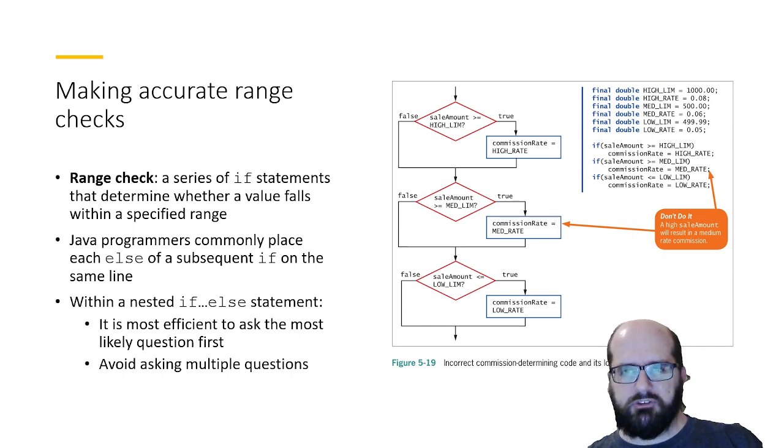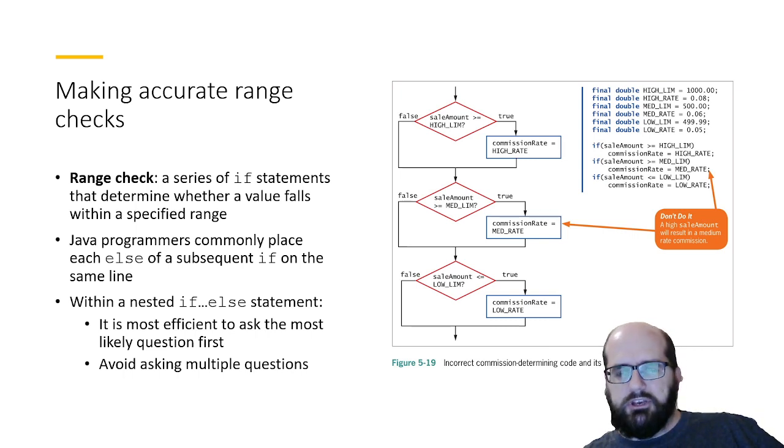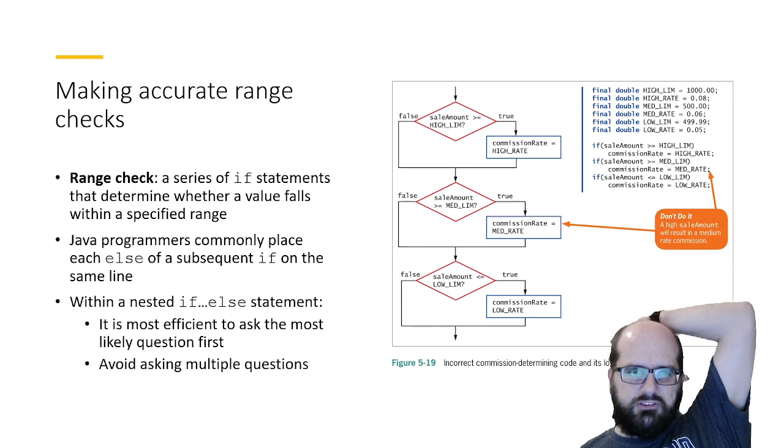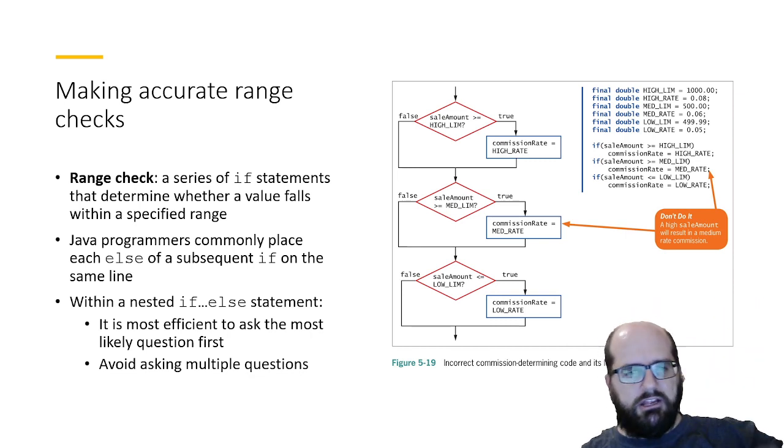And what happens is if it's greater than or equal to the high limit, we give it the high rate, but the high limit's also higher than the medium limit, which is also higher than, well, it's not lower than the low limit, but it will give you the medium rate commission because it's both higher than the high limit and higher than the low limit. So this particular if statement, when you walk through a variable and code trace it, will not work. A range check checks if this falls within a particular range.